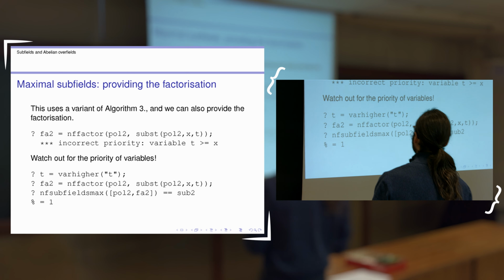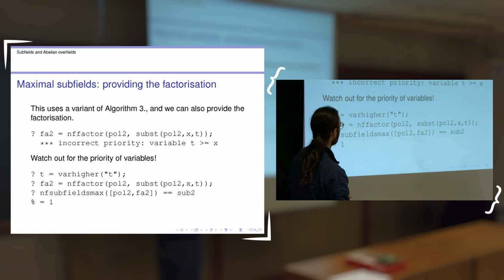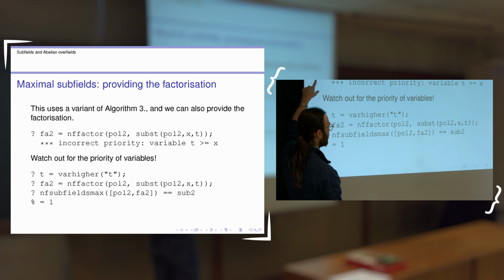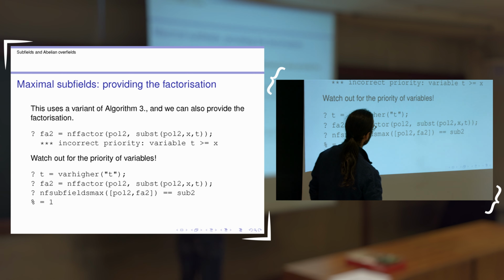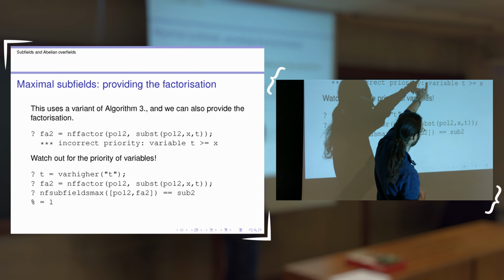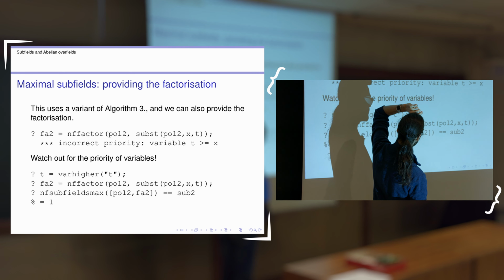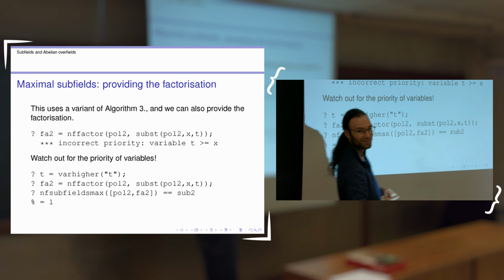Since it uses a variant of the factorization algorithm, it can take the factorization as an argument. Just a quick reminder: be careful with priority of variables when you try to factor a polynomial over a number field. The priority of the variable of the polynomial must be lower than the one of the number field variable.